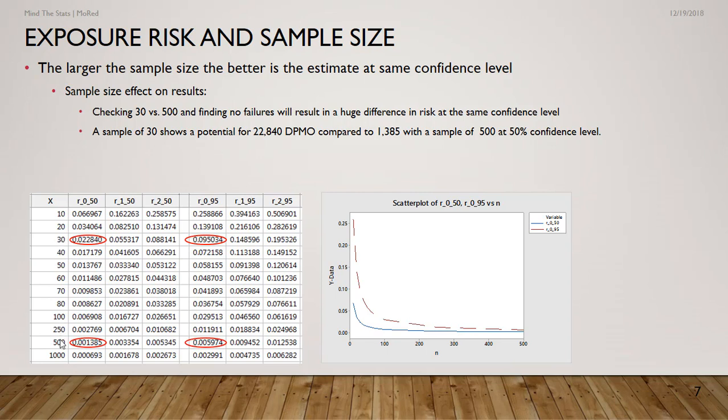So for 30 versus 500, you can see that the one proportion results are a lot higher for a small sample size. What it's saying is that if I sample 500, then my risk is roughly 1,385, compared to if I only sampled 30, my risk is a lot higher, 22,840 parts per million.